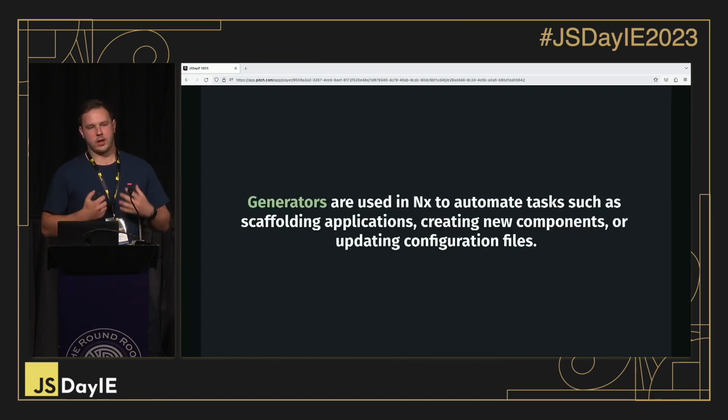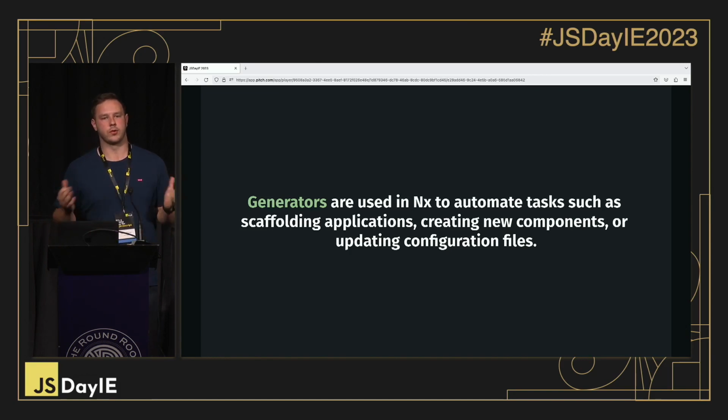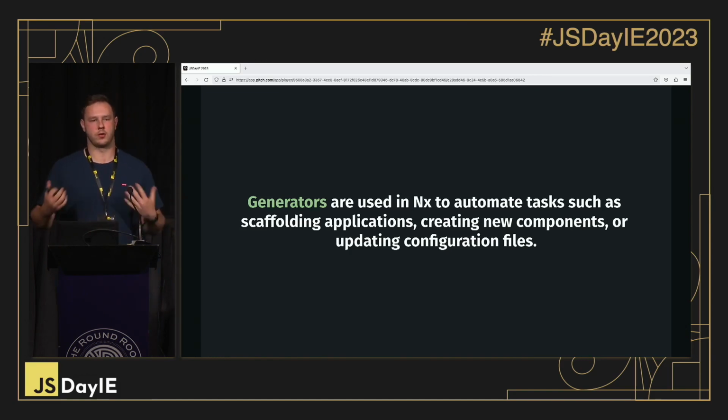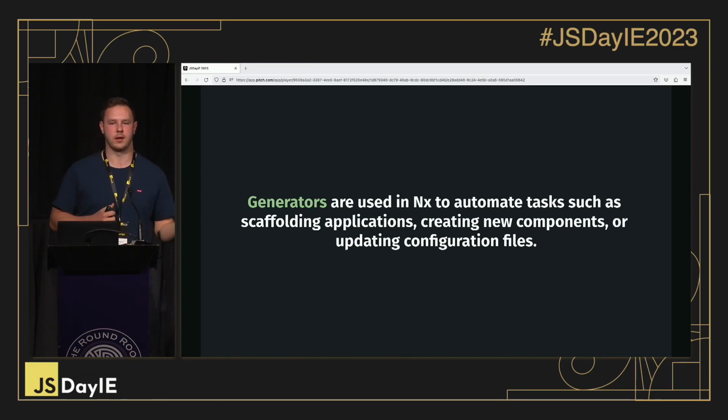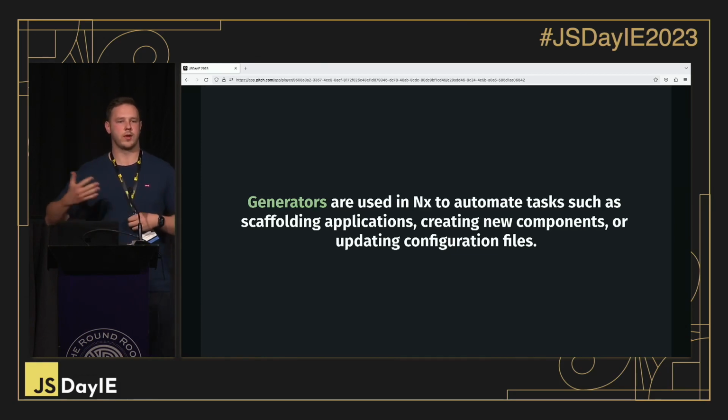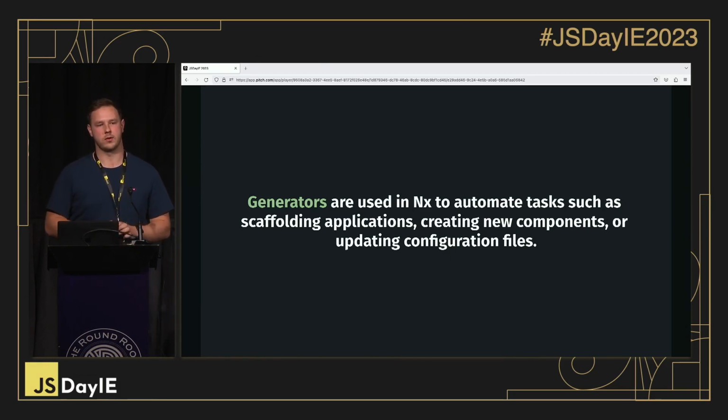Generators are a really important concept in NX, and they're used to automate tasks across your entire code base and run large-scale changes. That might be scaffolding new applications, creating new component projects, or updating configuration across every single project in your workspace. So if you want to make a change everywhere, you can use a generator to do that.